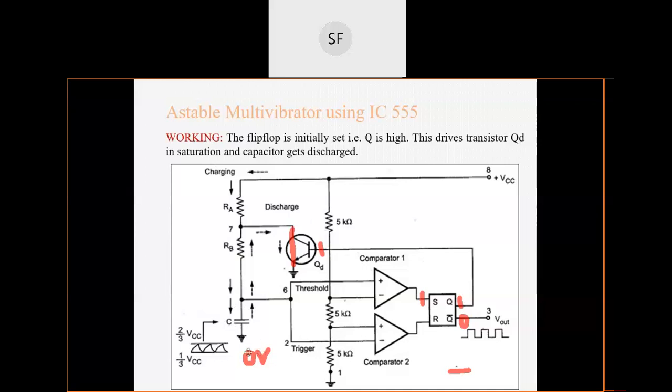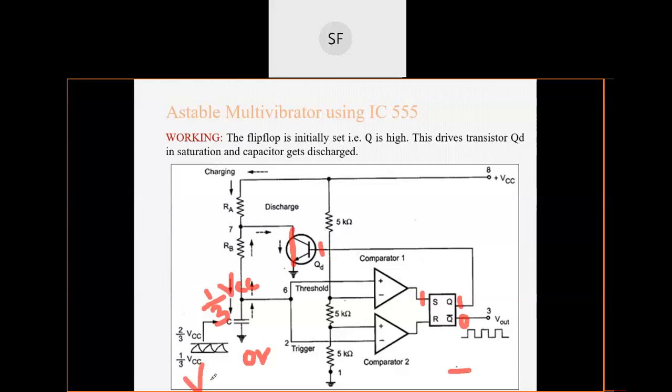So while going toward the 0 volt, one moment will come when this particular voltage across capacitor will become 1 by 3 VCC. 1 by 3 VCC से कम होगा ना एक मोमेंट पे, कैपेसिटर के अक्रॉस का वोल्टेज will be slightly less than 1 by 3 VCC. Okay, just for the sake of assumption you can consider that this capacitor is initially charged up to VCC.